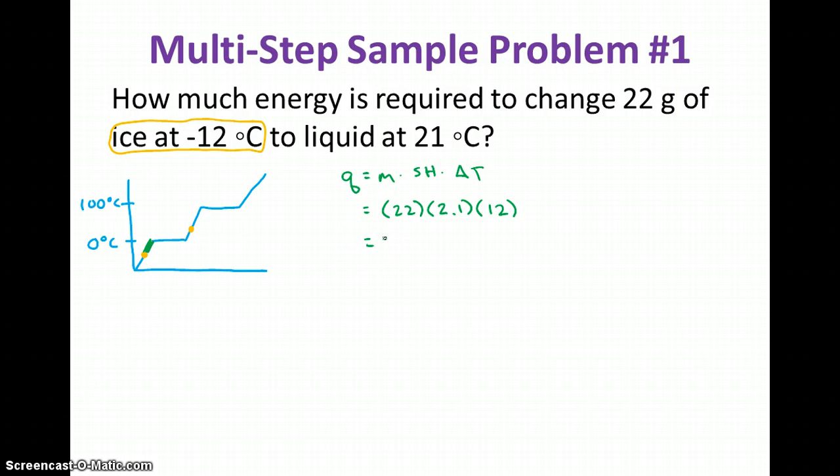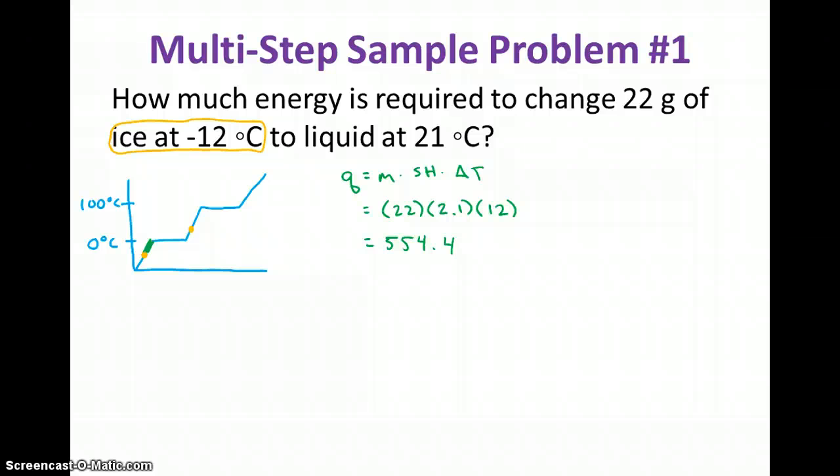If I were to solve this little mini problem here, 22 times 2.1 times 12 comes out to be 554.4. Because this is a multi-step problem, what is really happening is all these problems should be combined into one calculation. So I'm actually not going to do sig figs just yet. Okay, I'm going to save it for my final step here.